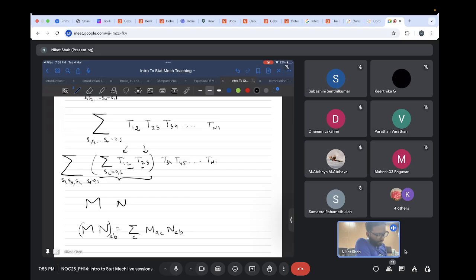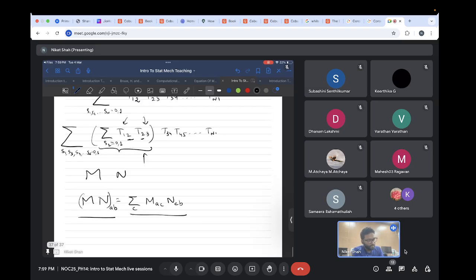Whenever you write a particular term of the multiplication of two matrices, this is how you write it, and you can see that this is exactly of that form, T12 into T23, with the middle spin being summed over. So the result of this summation, the sum over s2 of T12 T23, would give me T13.